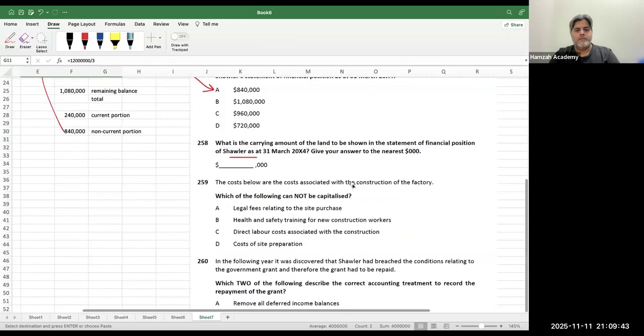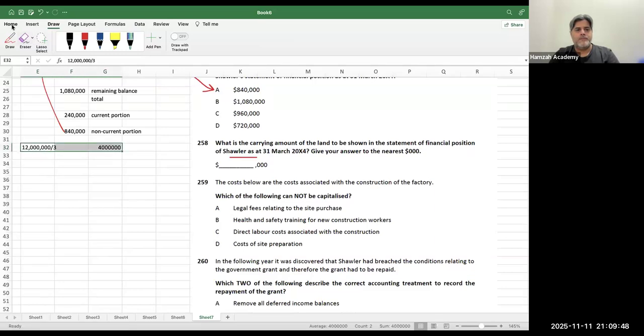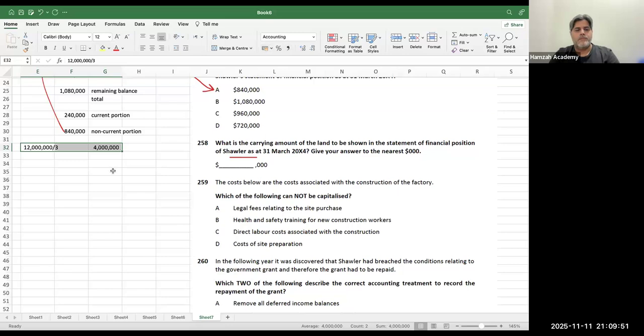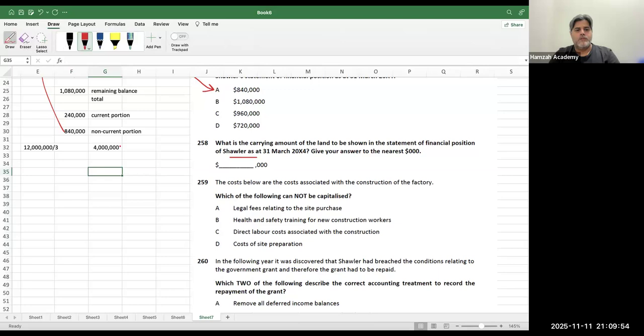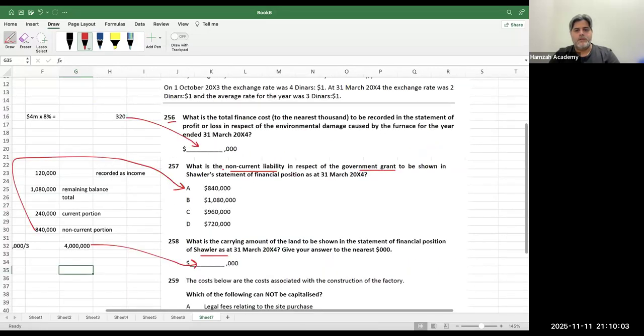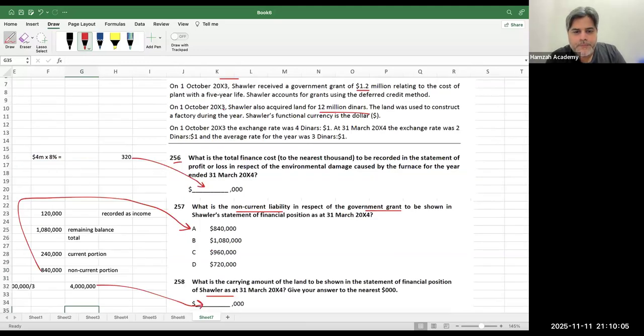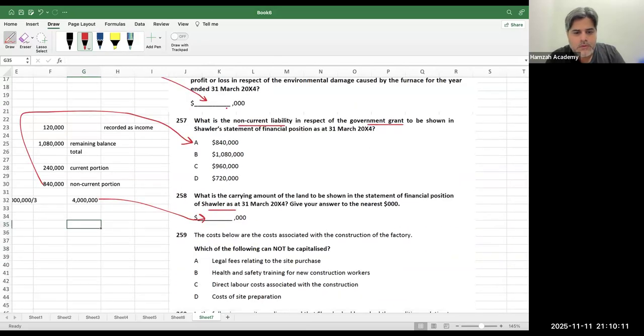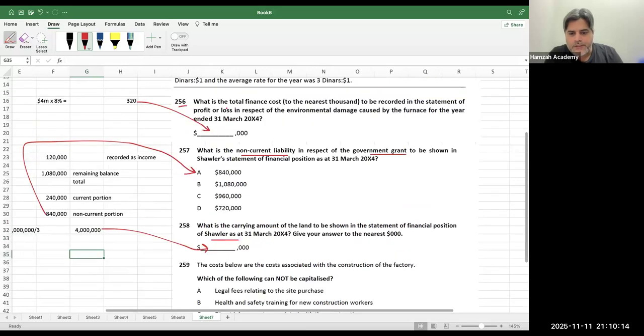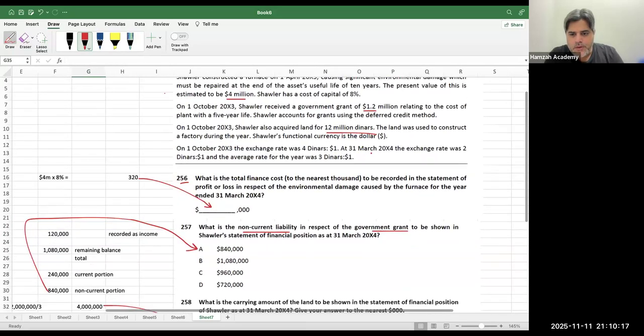Okay. I'm going to have it over here. There we go. So that's going to be 4 million, right? Then I got it 12. I have to find the carrying amount of the land at 31st March 24. So at 31st March the exchange rate was... I've taken the wrong exchange rate.